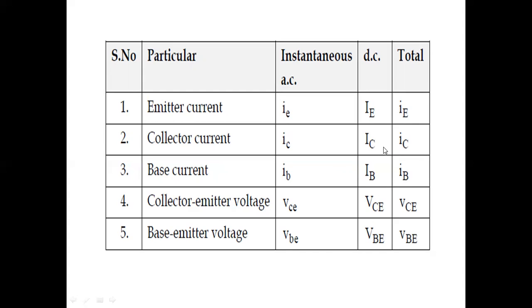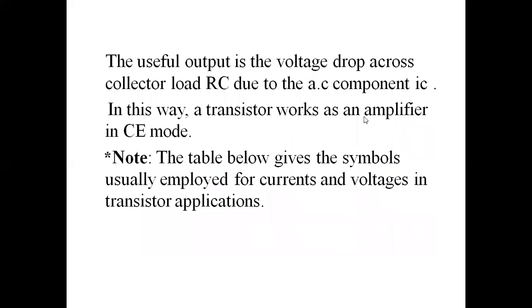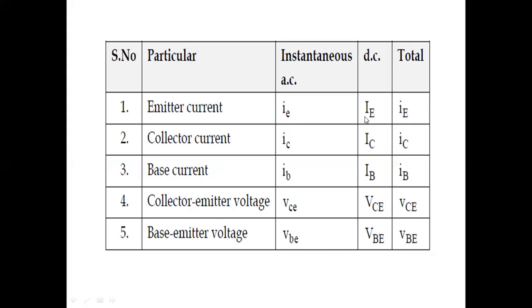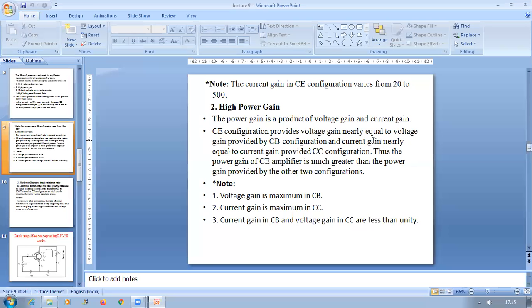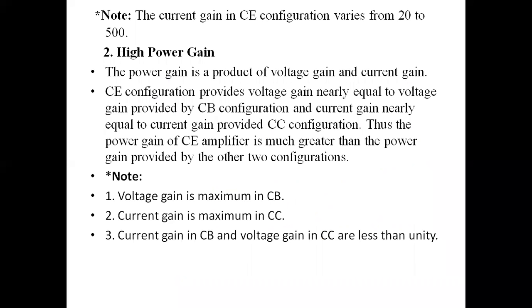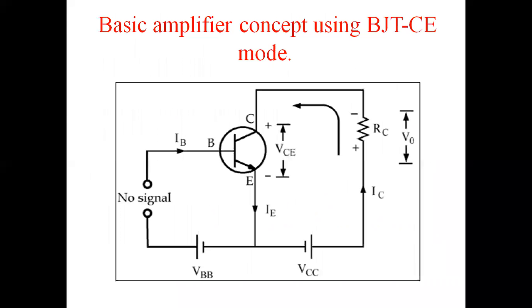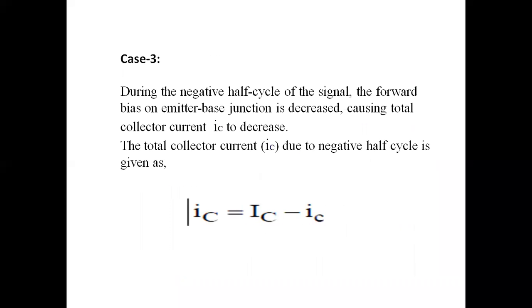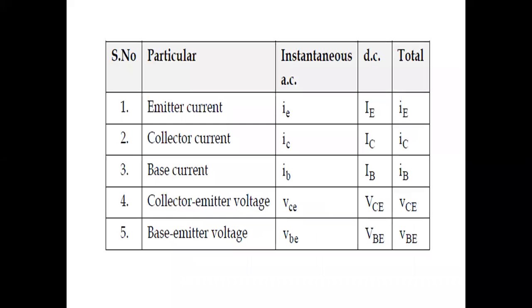All these are represented by capital letters, and also the suffixes are represented by capitals. So here the emitter current is represented by IE, the collector current is represented by IC, and base current is represented by IB.